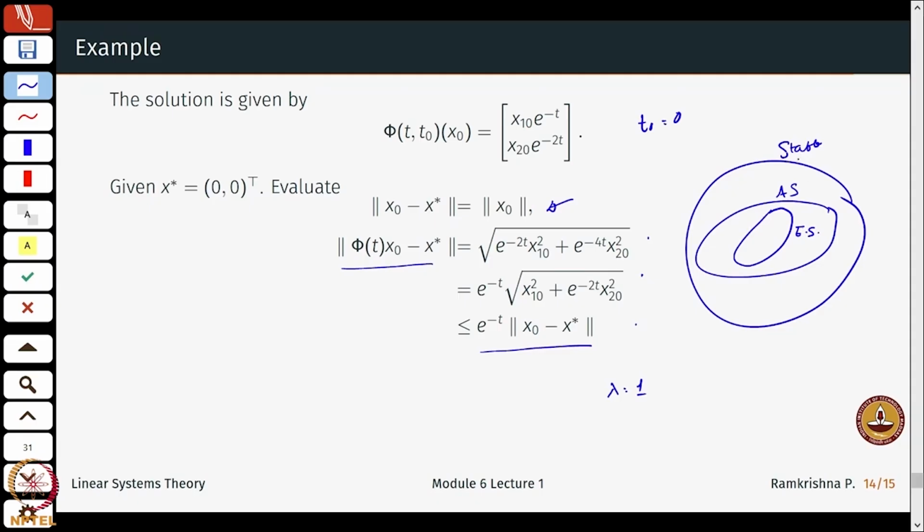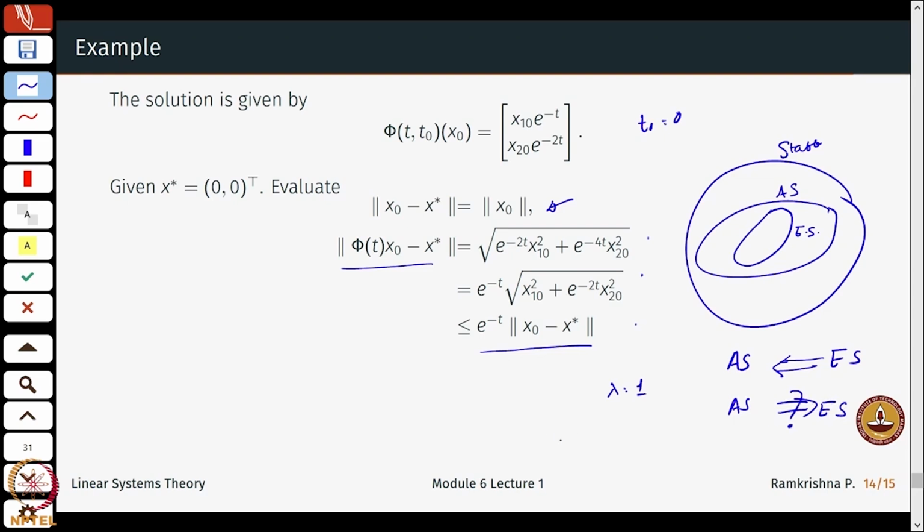Stable is just a bigger set. Asymptotically stable systems are stable, exponentially stable systems are asymptotically stable. Now a relation between asymptotically stable and exponentially stable: all exponentially stable systems are asymptotically stable, but are all asymptotically stable systems exponentially stable?